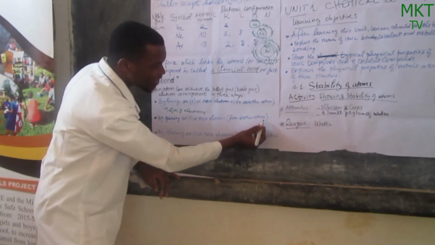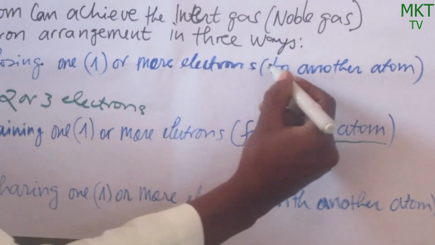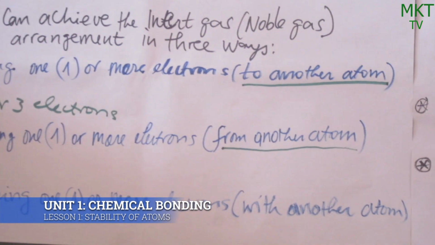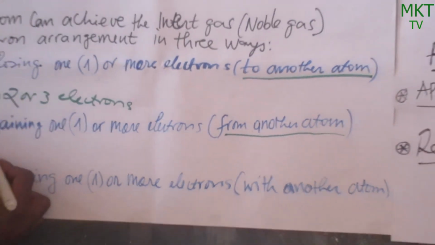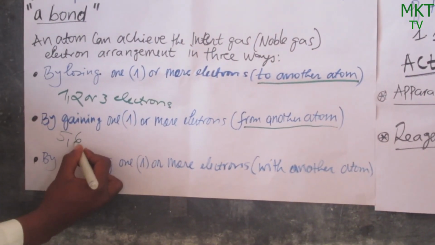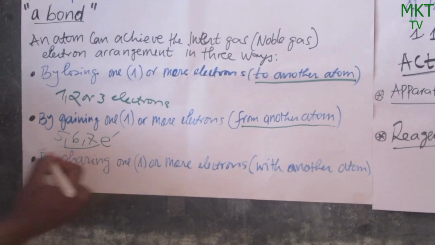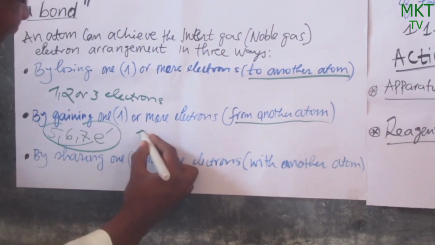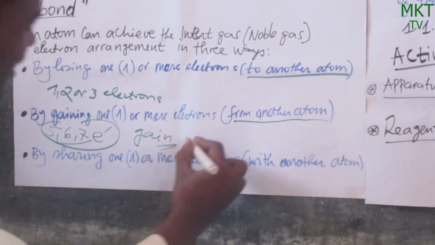An atom with 5, 6, or 7 electrons on the outermost shell gains electrons to achieve stability.